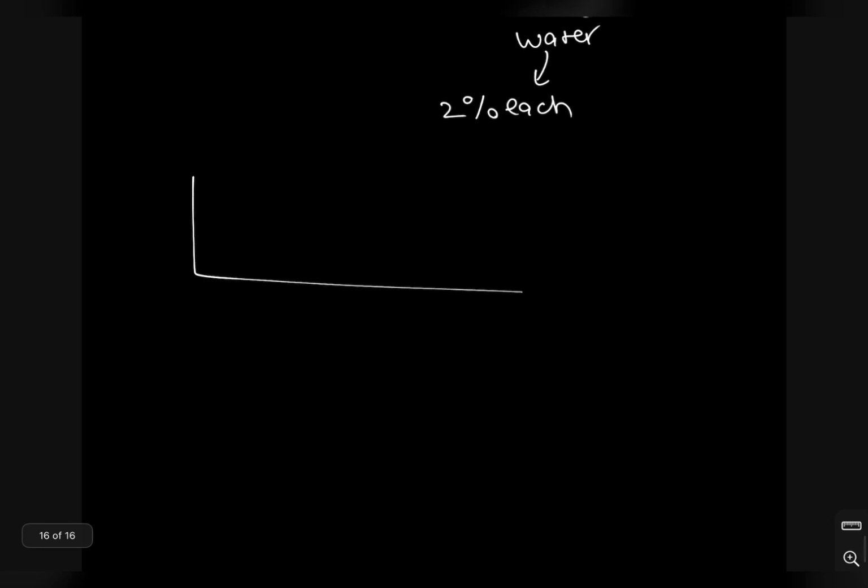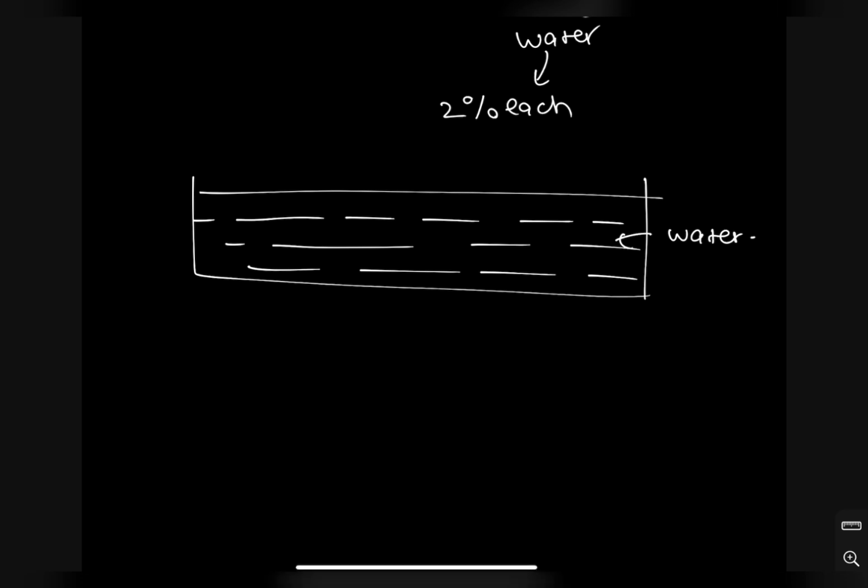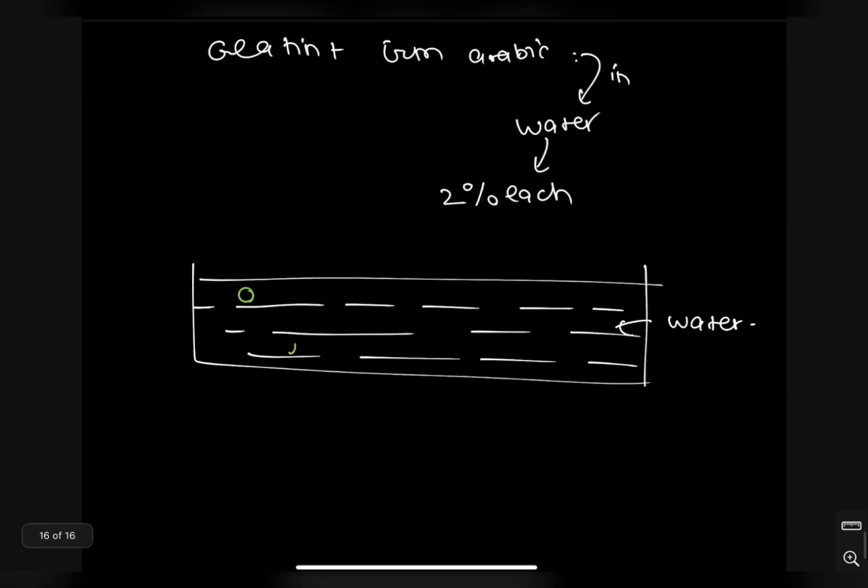So let's say this is the solution that we have. This, let's say, is water. I know, white water, right? Let's show gelatin with a green color. Okay, so this is gelatin, and this gum arabic is what we are showing in blue color.